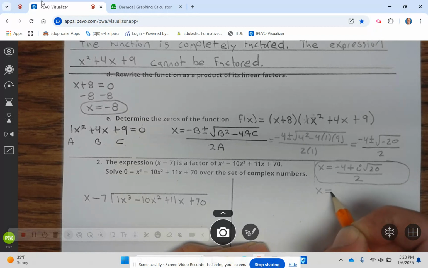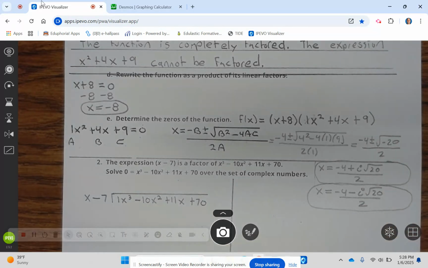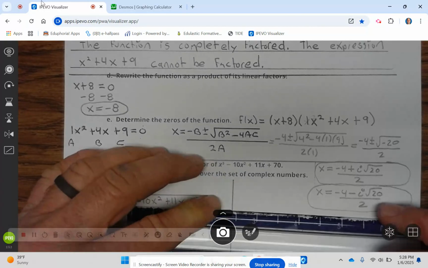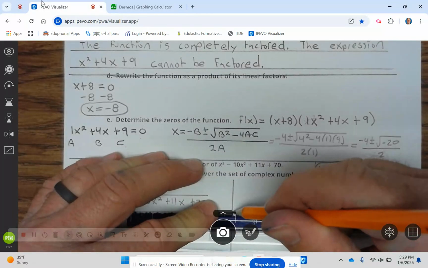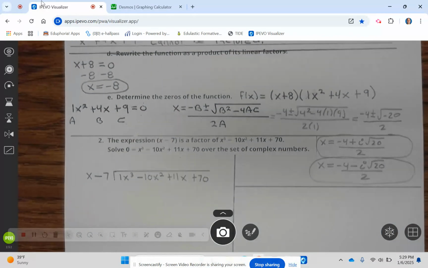And x equals negative 4 minus i square root of 20 divided by 2. All right, go ahead and finish up E, and let's take a look at number 2.